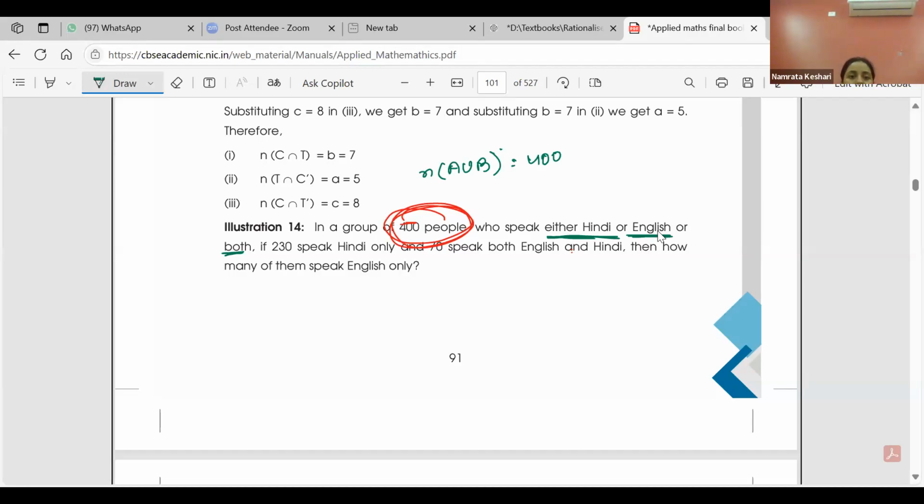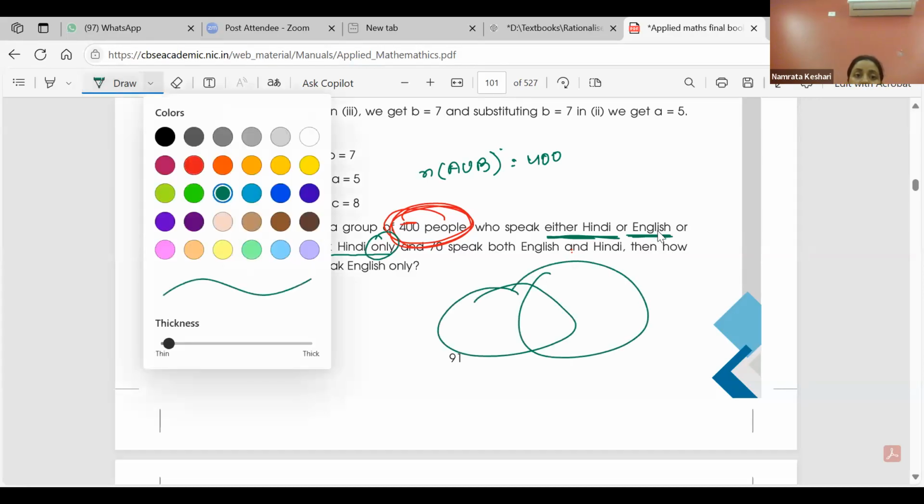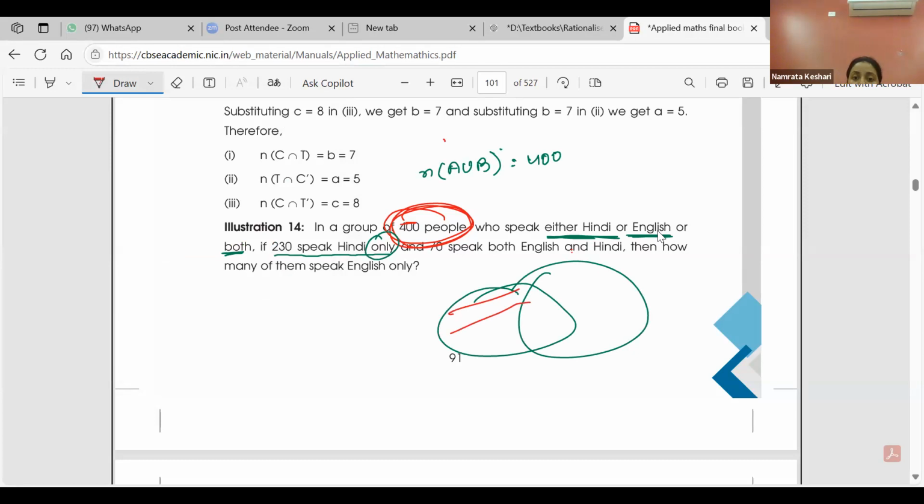Yes. Here it is given that 230 people speak Hindi only. We cannot say that the number of people who speak Hindi is just 230, because only means this shaded part, only this one is given to you as 230.